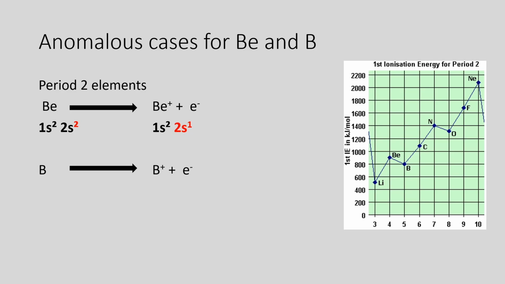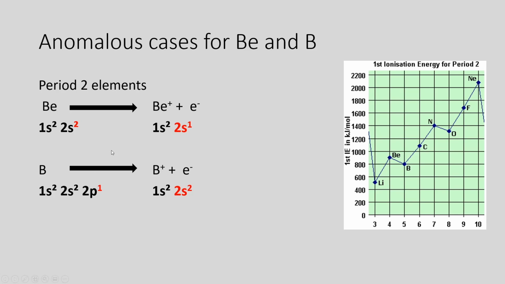While boron, beryllium group 2, tapi boron is group 13, bukannya group 3. So, for boron is 1s2 2s2 2p1. And for boron, kita buang electron from 2p1, kita jadikan 1s2 2s2.